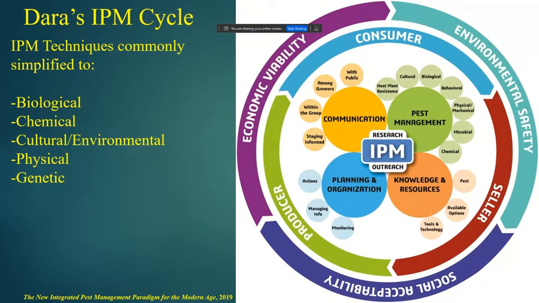I also want to introduce Surendra Kedar's IPM cycle, at least that's my name for it. This is the way that research groups look to make outreach about IPM towards people in local communities and also on commercial scales. I think people who are looking to grow cannabis, whether in a private way or in a commercial fashion, should become very aware of the multitude of different aspects, not just the direct pest management things like biological and chemical treatments, but also things like your SOPs, your organizations that support you at various levels of organization.